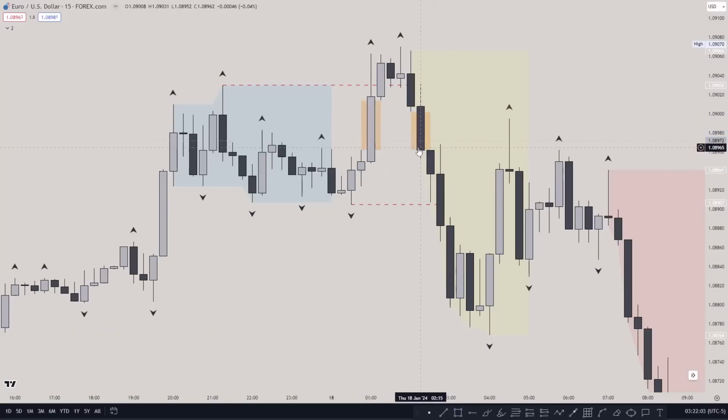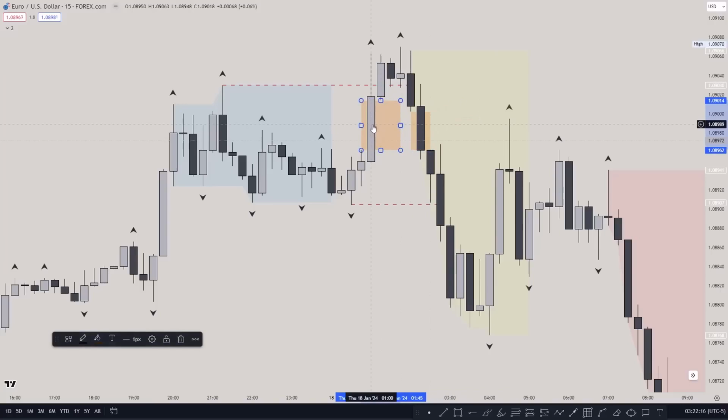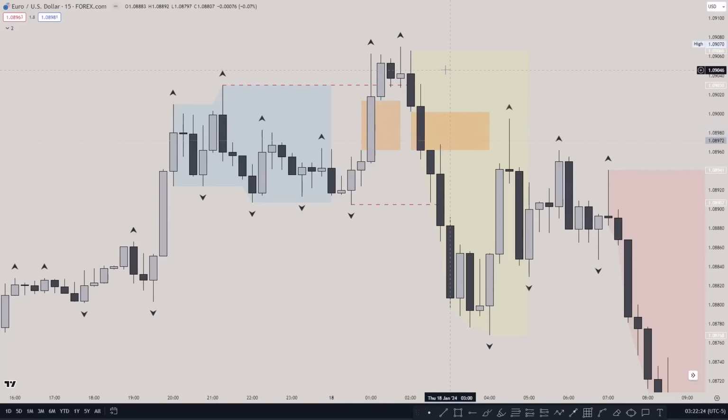And actually, when this fair value gap was created, this candle closed below it, which tells me that this is now an inverse fair value gap. So instead of being bullish in this case, it's now bearish in the future.